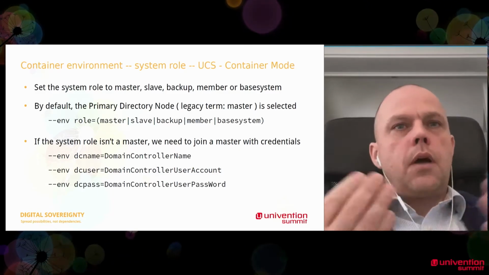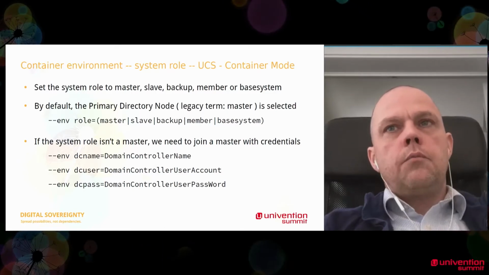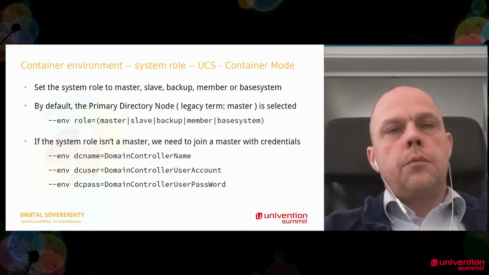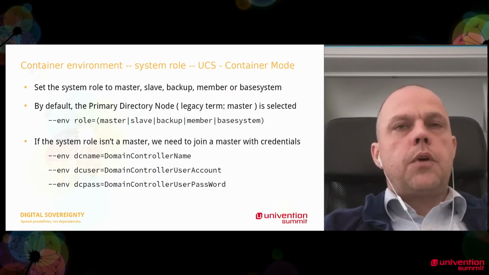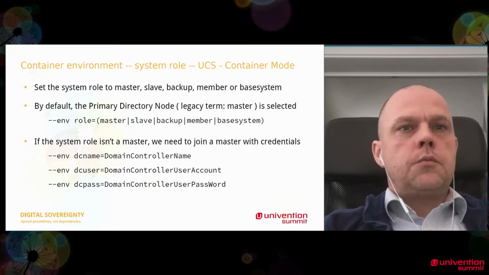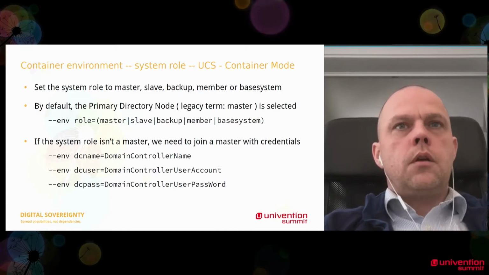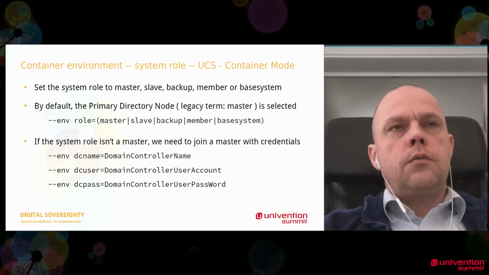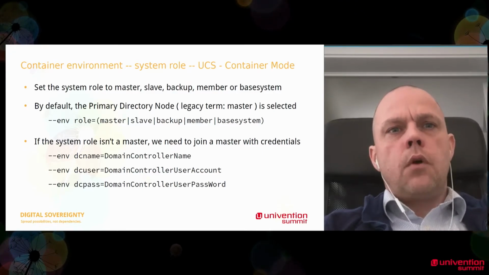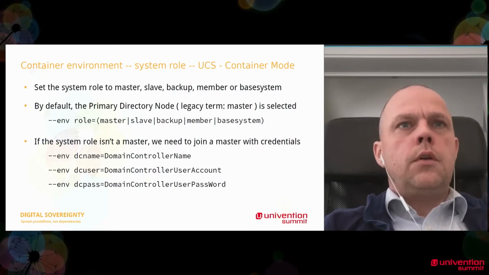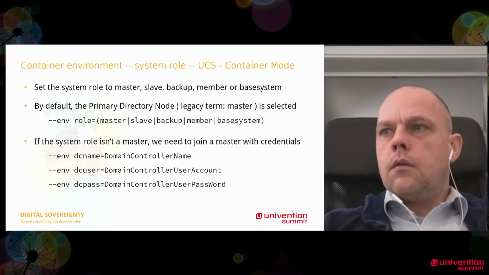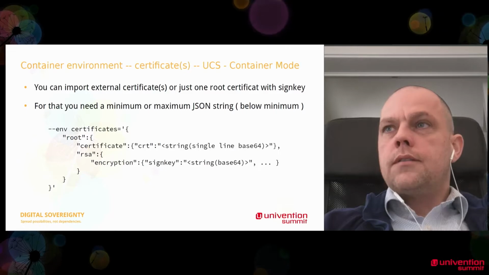If we don't have a master, then we have to join a master and indicate an access name. We do that with domain controller name, user account, and user password. I haven't had a chance to test it 100% yet. The Docker names are imported and taken into consideration.